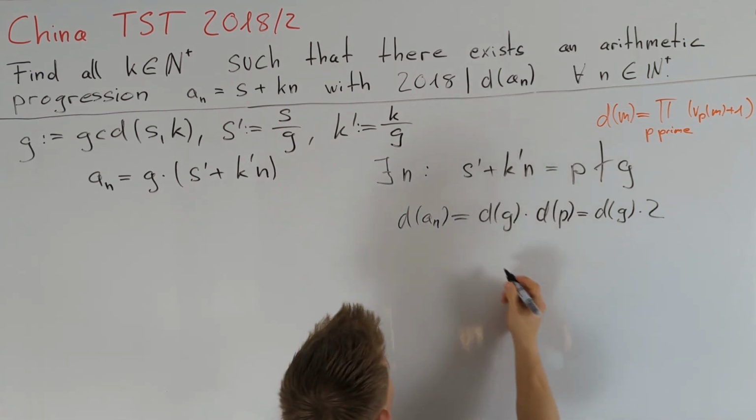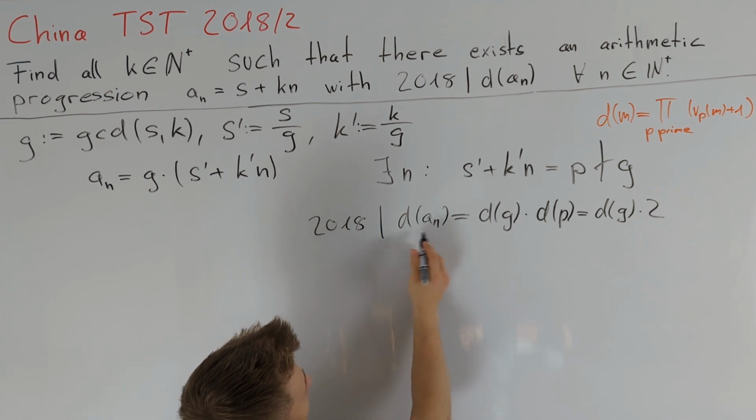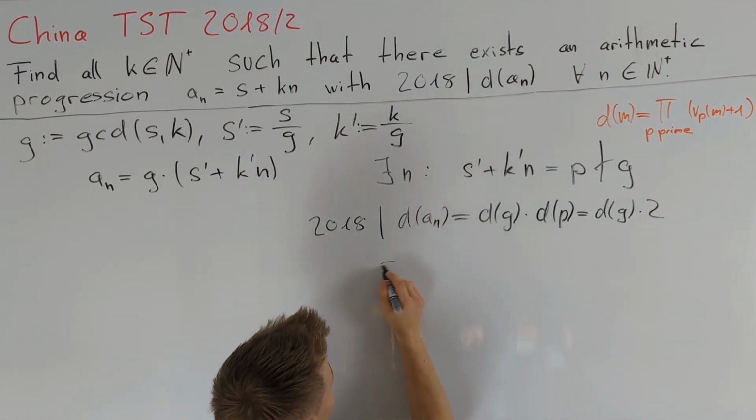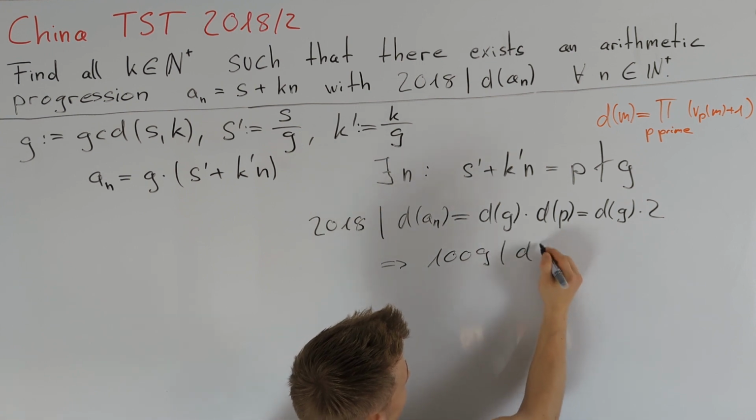And now we use the fact that we want 2018 to divide d(a_n), and therefore we can conclude that 1009 divides d(g).